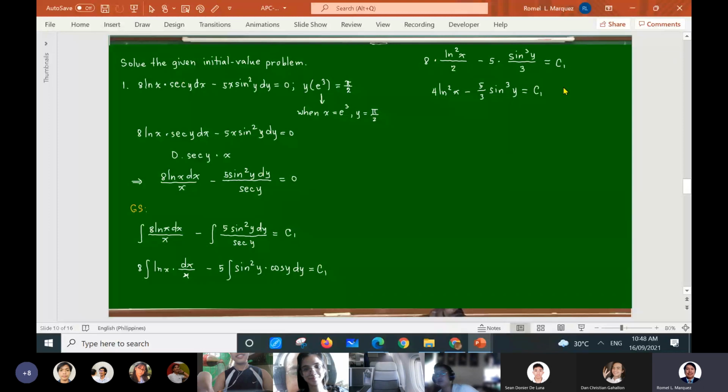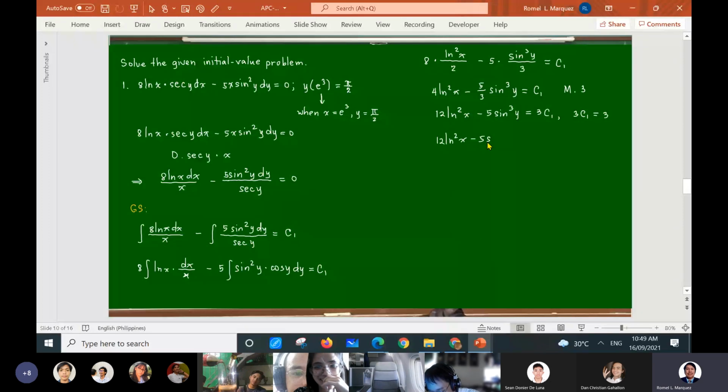Let's multiply by 3: 4 times 3 is 12. 12 ln squared x minus 5 sine cubed y equals 3c1. Let 3c1 be simply a constant. So what's the general solution? 12 ln squared x minus 5 sine cubed y equals c.